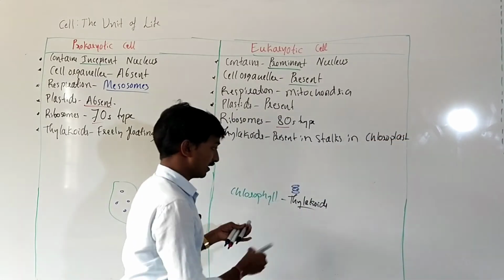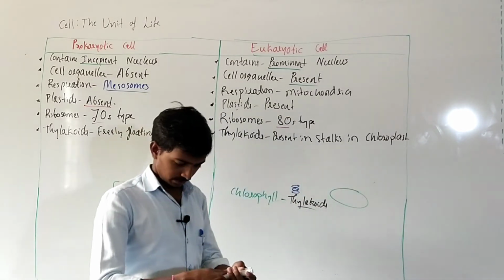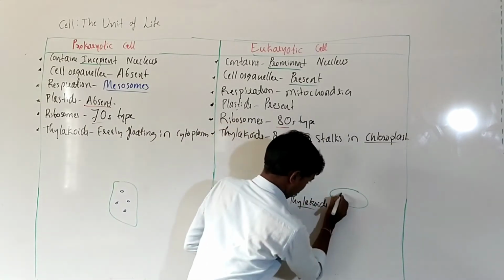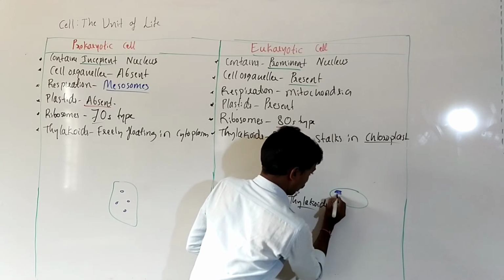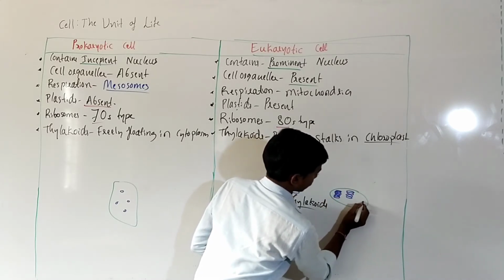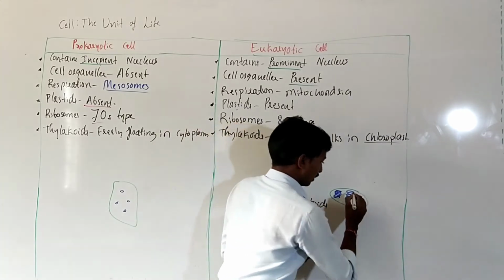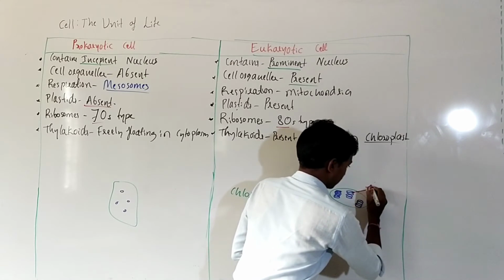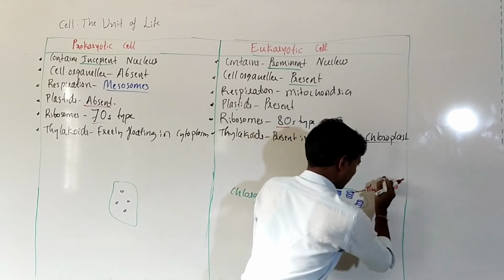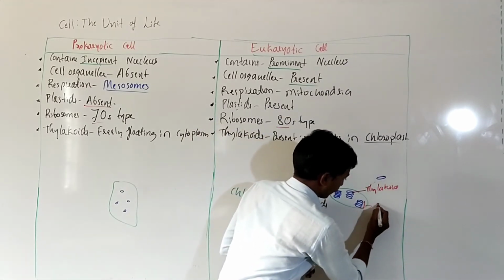Inside the cell there is an organelle known as a chloroplast. Inside the chloroplast, the thylakoids are stacked one above the other. Like that, many stacks are there. Generally we call one single unit a thylakoid, and when it is complete, it is called a granum.